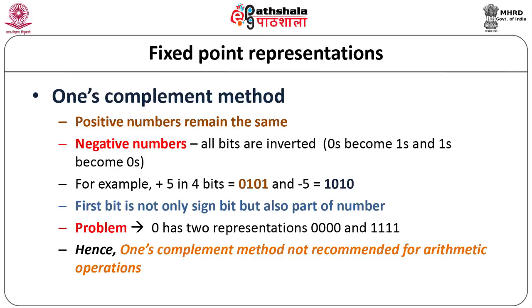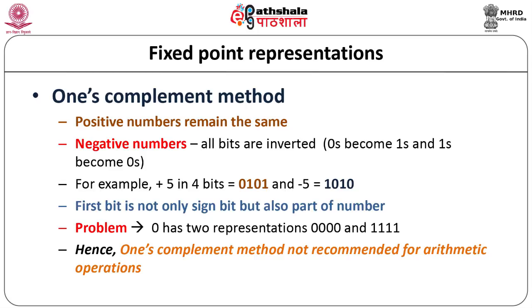In this technique, the positive number remains the same. While representing negative numbers, all bits are inverted, that is, zeros become ones and ones become zeros. Let us represent plus 5 in 4 bits. It is 0101 and minus 5 is represented as 1010.